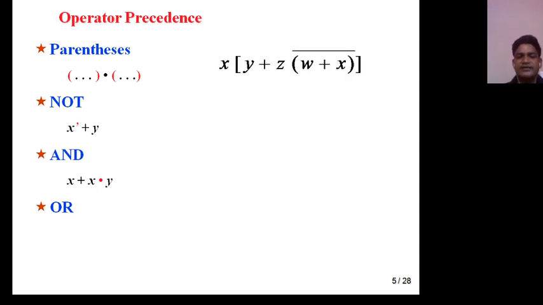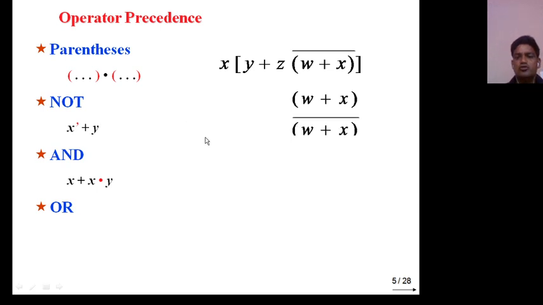So this is your expression: xy plus z (w plus x) whole bar. First you will determine the whole complement, because highest preference among all the operators is given to complement, meaning NOT.